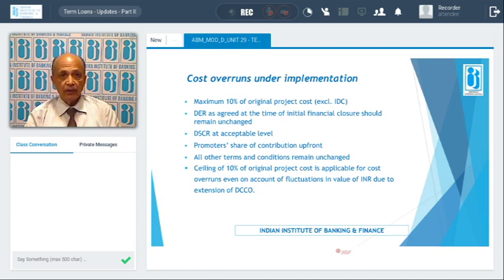The debt equity ratio should not undergo any change, DSCR should be at an acceptable level, the promoter's share should be brought in upfront, and all other terms of the original sanction should remain unchanged. But this 10% should also include any exchange fluctuation difference, which should be taken care of within the 10% only.